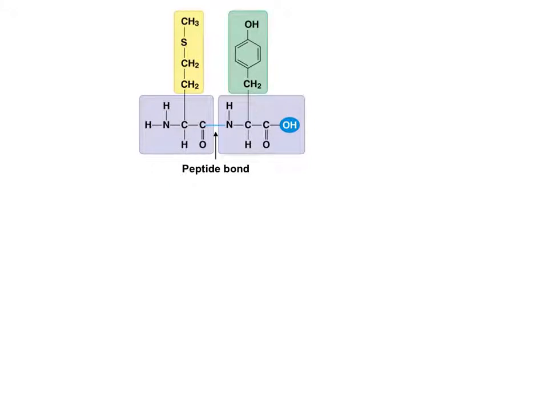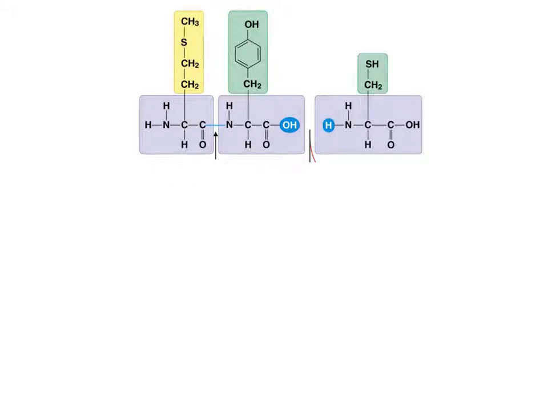And how do you make a bond? To make a bond, we do dehydration synthesis. So that's going to be here. We take a hydroxyl group and a hydrogen. You can see the hydroxyl is part of the carboxyl group. The hydrogen is part of the amino group.